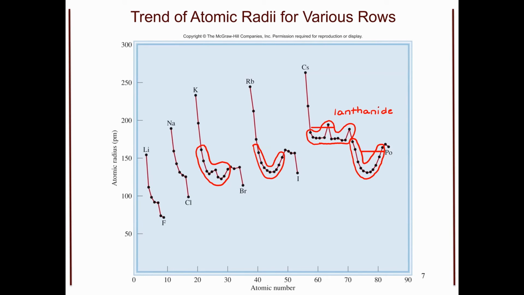So my circled groups that are unlabeled are going to be the transition metals, which historically will decrease in size following the rules of effective nuclear charge. But upon pairing up of our d electrons, notice that the atoms start to get bigger.